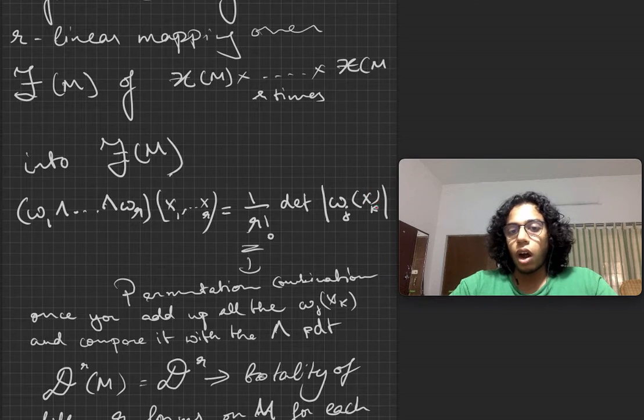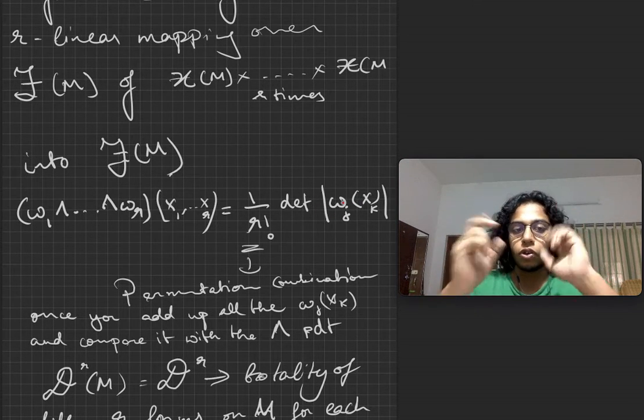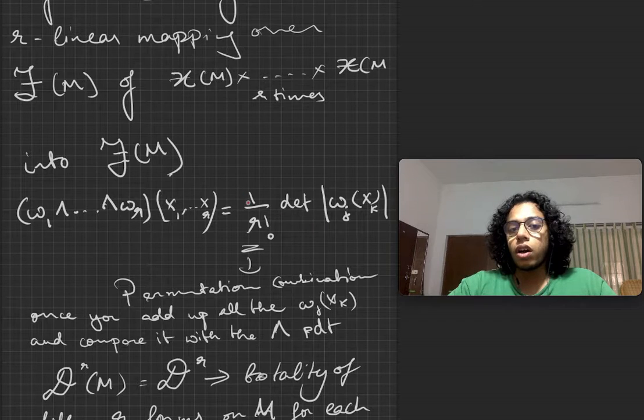There are say r neighborhoods here, and then you take the permutation of each neighborhood with respect to each omega, or each one-form. So there is some sort of a linear permutation combination happening.